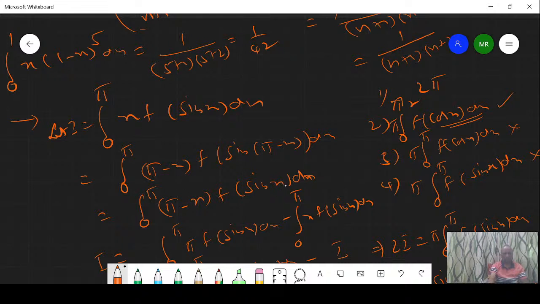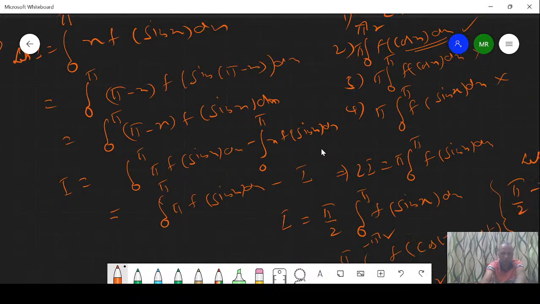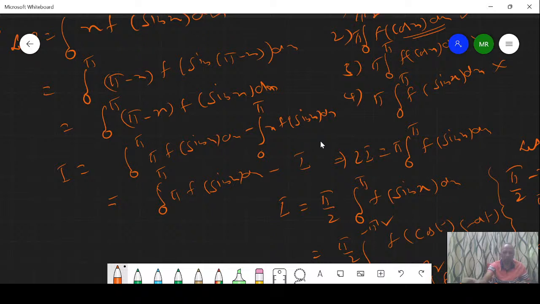Then I get integral 0 to pi of (pi minus x) f of sin(180 minus x), which is sin x. Expand: pi into integral of f of sin x dx minus integral 0 to pi of x into f of sin x dx. That is pi into integral of f of sin x dx minus I. Transfer I to that side: 2I is equal to pi into integral 0 to pi of f of sin x dx.